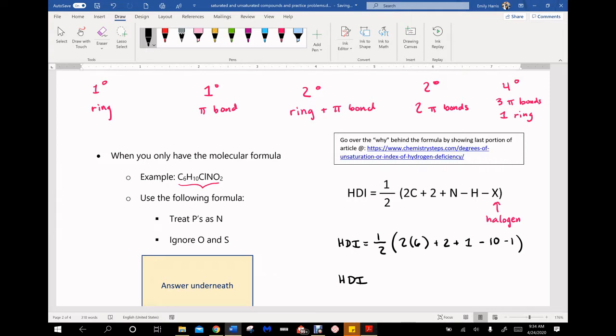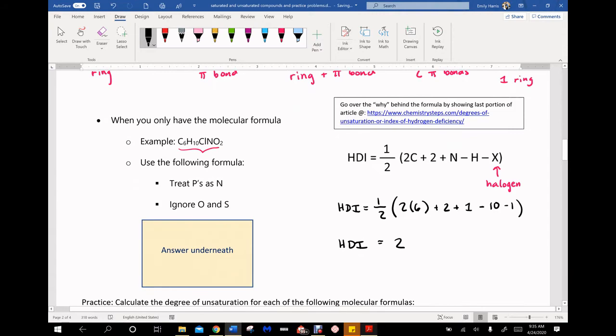So we would do our calculation here. You do 1/2 times everything that's in your parentheses. So that's 12 plus 2 plus 1 minus 11. And what that gets you is a hydrogen deficiency index of 2. And so that means somewhere within the molecule you have 2 degrees of unsaturation.